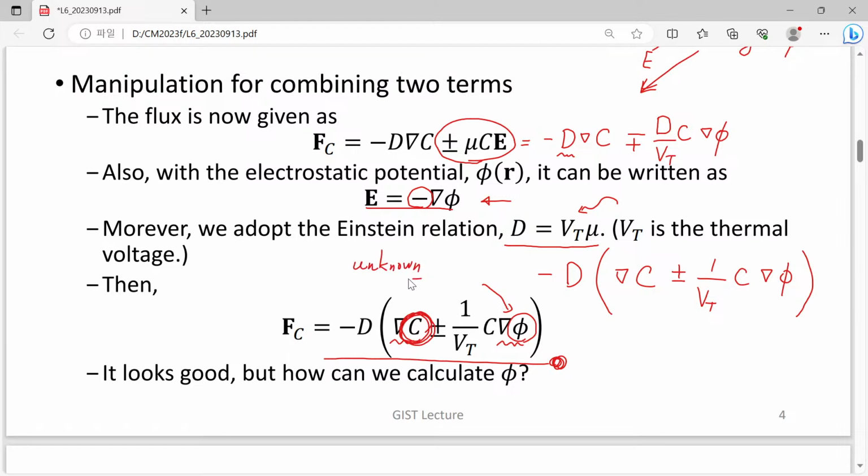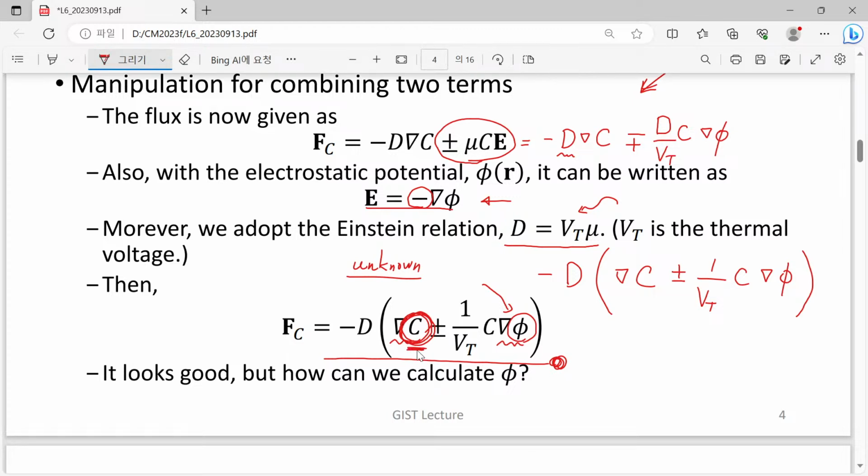So once we calculate our diffusion equation, since it is the unknown variable itself, by solving the diffusion equation we will understand the value of this C. But who gives you the value of electrostatic potential? Unfortunately, it is not available from the diffusion equation itself.